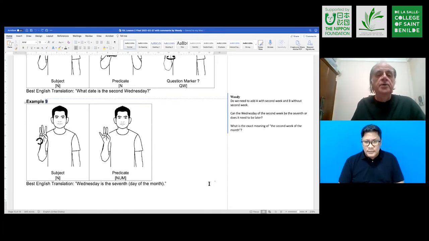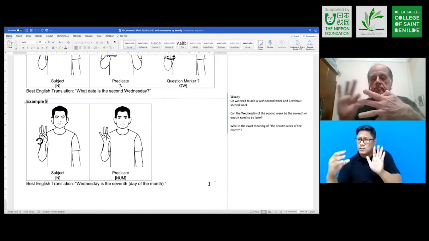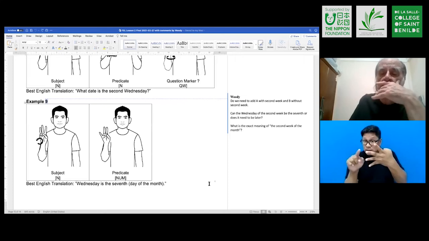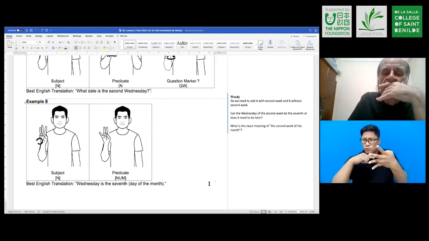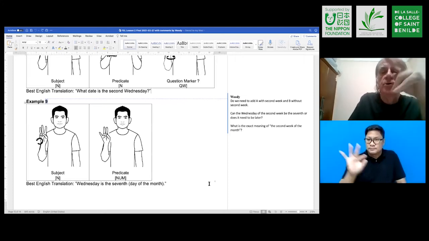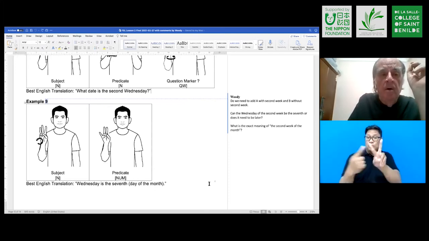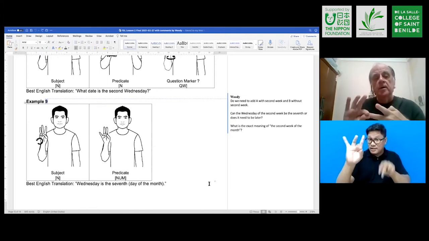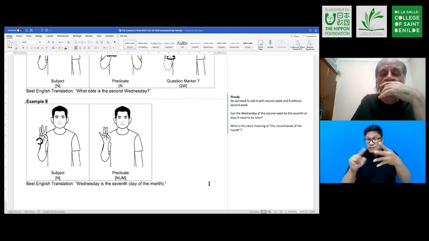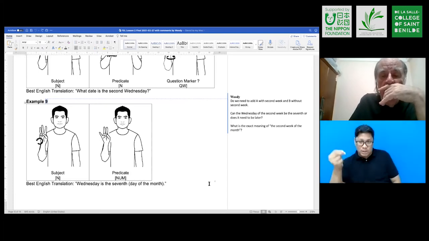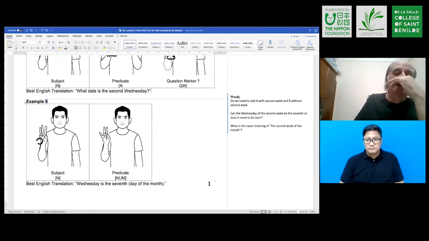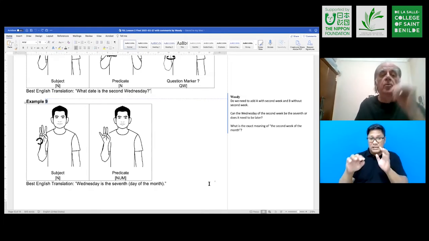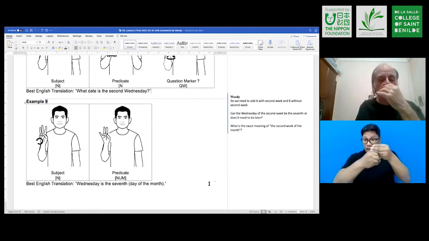And the question is, should we put this sign in example 9? So two questions. In example 8, does second week go with Wednesday or does it go with when? And in example 9, do we want to add second week after Wednesday?